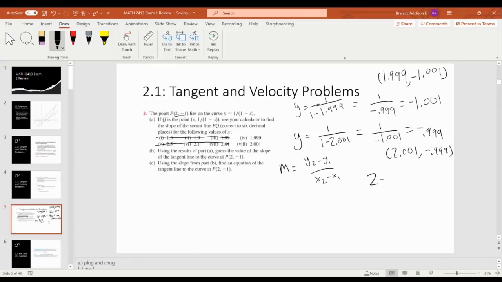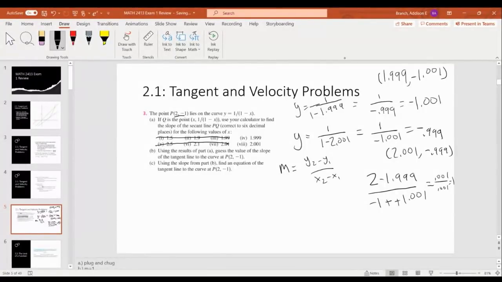All right, so let's go back to this. We'll do 2 minus 1.999 over negative 1 minus negative 1.001. And that's going to get us 0.001 over 0.001, so that's going to get us 1.